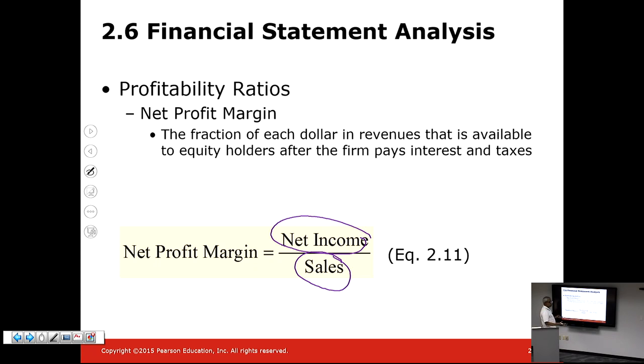Both may have the same $10 million income, but obviously their net profit margin will be vastly different from each other. And that will give us an indication of how profitable the company is. That's why we call these three groups of ratios profitability ratios. They're measuring profits at different stages within the income statement.